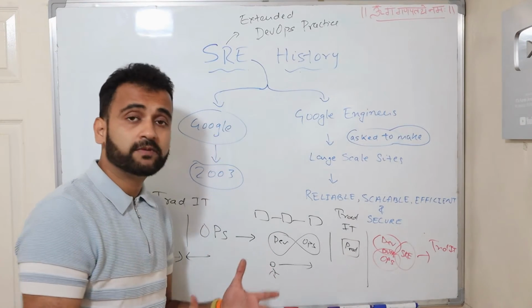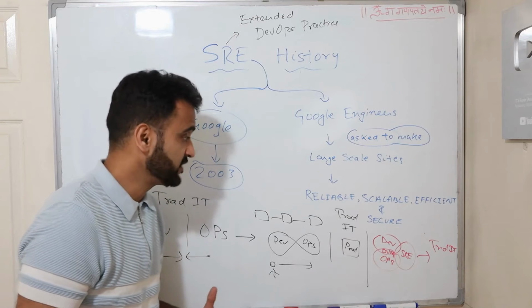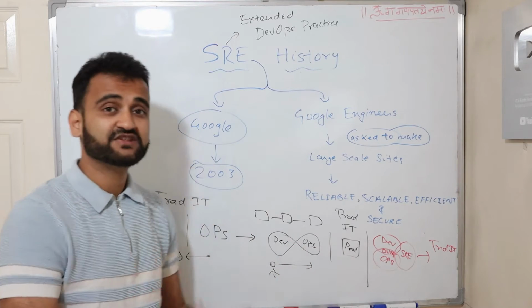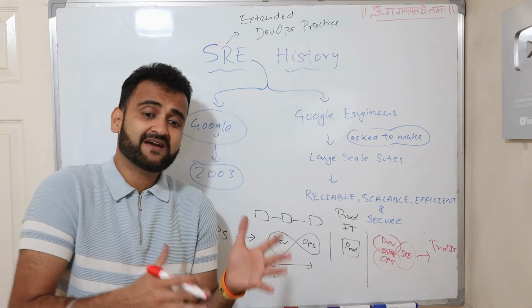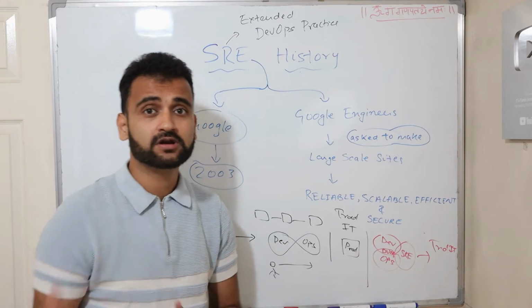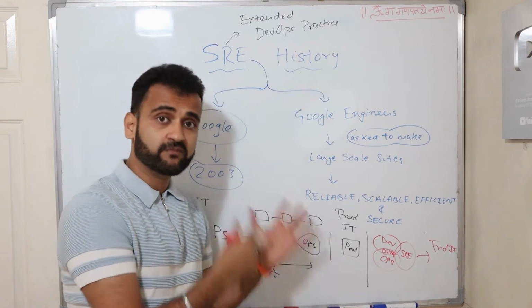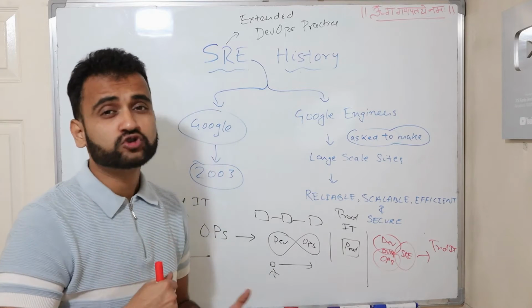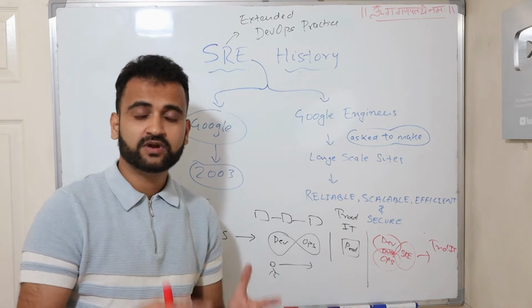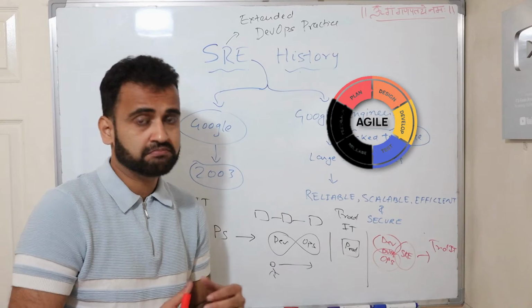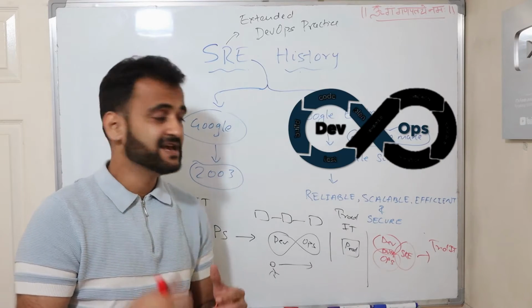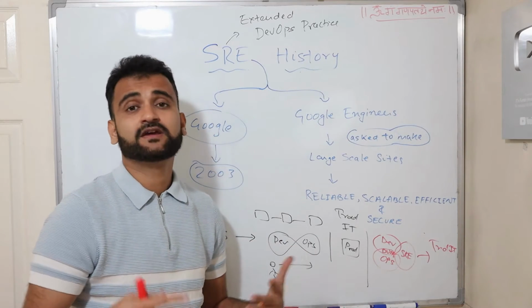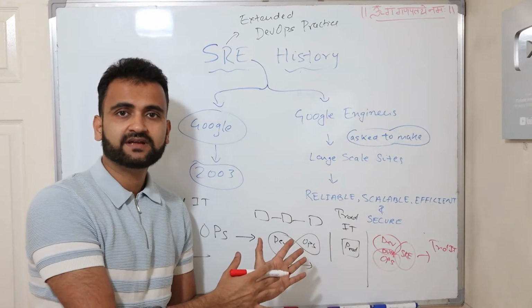So that's the whole purpose of site reliability engineering, and that's the history of it. It has been evolving a lot ever since we have moved and progressed completely onto cloud. This has become even more important because almost all cloud native applications today are based on agile methods, based on DevOps frameworks, and that's where SRE plays a huge role. So yeah, this is about the history of SRE.